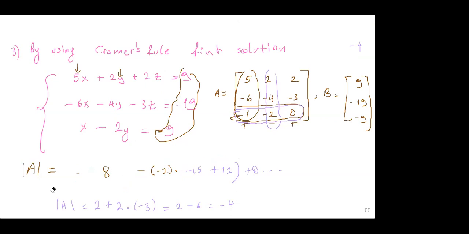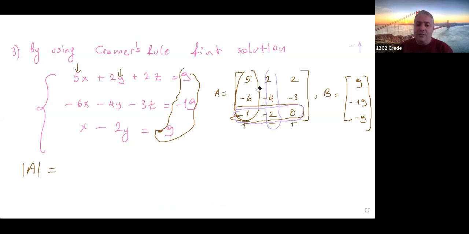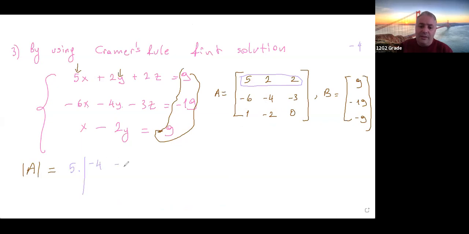Sir, can you open the second way, the determinant by using the first column? One minute. Let me open it, guys, okay? In the first row, the classical way, I mean. I will use this one. So 5 times the determinant of, so close this, -4, -3, -2, 0, and minus, plus, minus, plus.